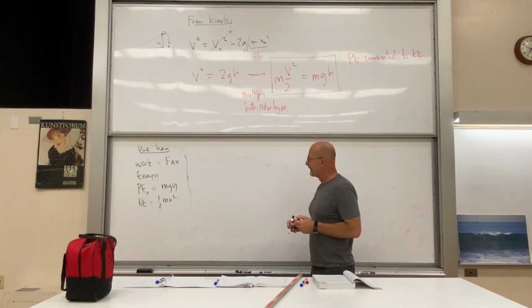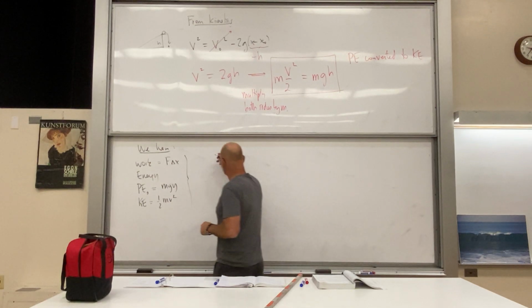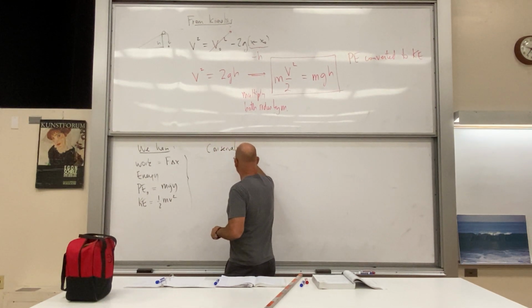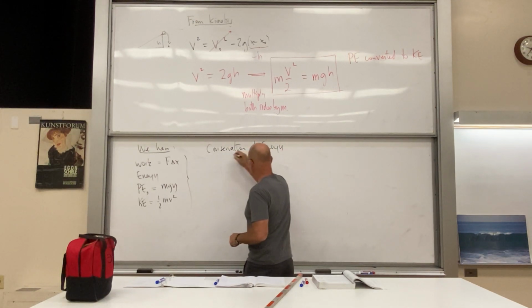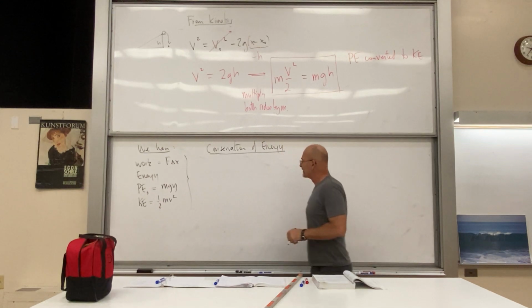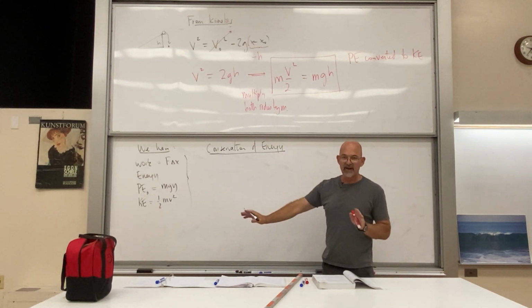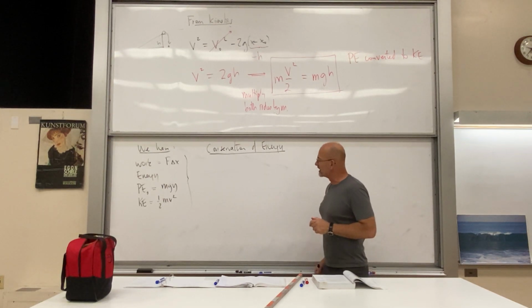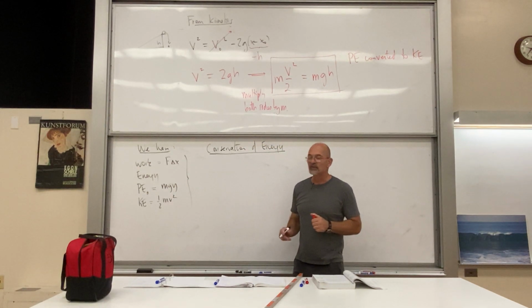And I'm going to roughly state the idea of conservation of energy. Conservation of energy. And that is in the absence of friction. Just keep friction out of the mix. Everything has to be an ideal system, no friction. In the absence of friction, the total mechanical energy of a mechanical system is conserved.